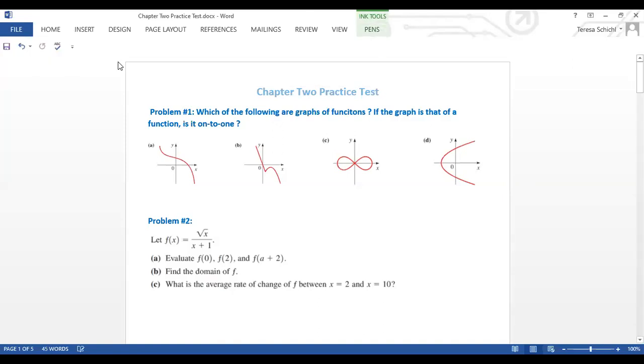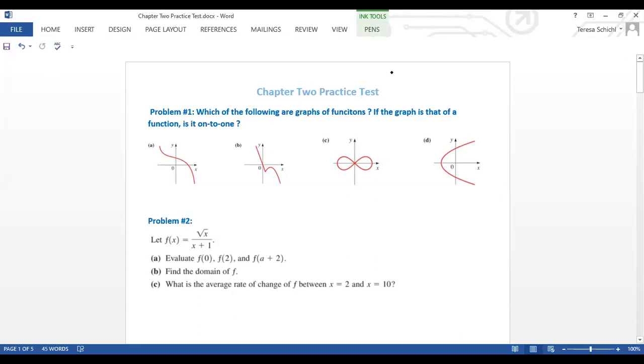Problem number 1 says, which of the following graphs is a function? If a graph is a function, is it one-to-one? The purpose of this test is that it tests you on two concepts.